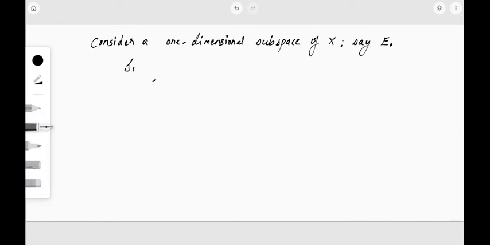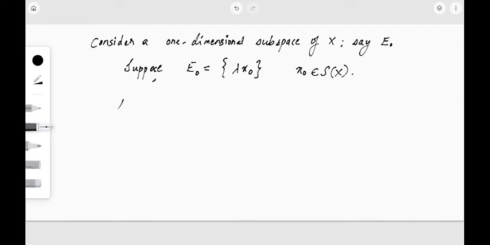So let us suppose that E₀ is one-dimensional, meaning its basis consists of just one element. Every element can be written as lambda times x₀, where this x₀ is our element in the unit sphere S(X).